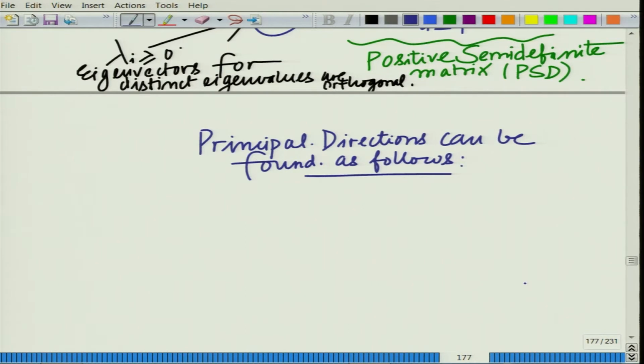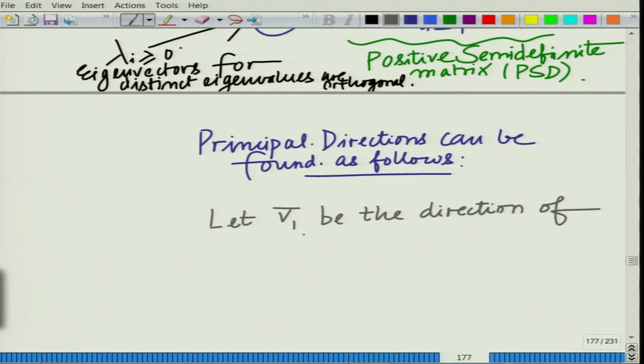Let V1 bar be the direction of the largest principal component.